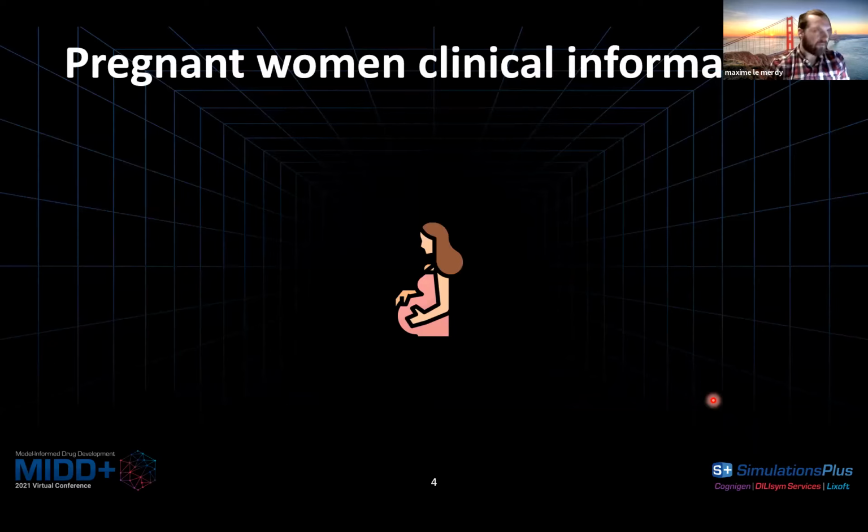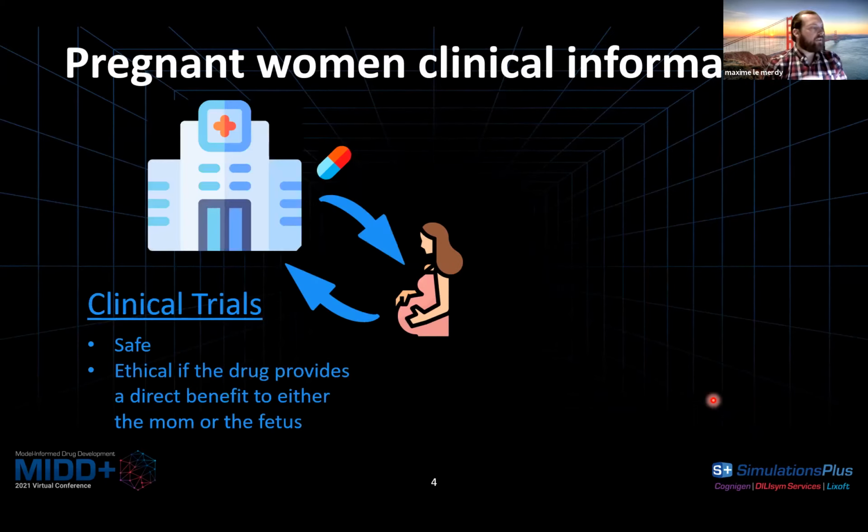And in this guidance, they basically defined how the PK information for pregnant women is currently obtained in real life. To obtain clinical data and PK data in the pregnant women population, you have two main options. You can either do a clinical trial. Those are done in a very safe and very controlled environment. We know the drug, we know the co-medication. So there's a lot of control on the information, and we can really have great information.